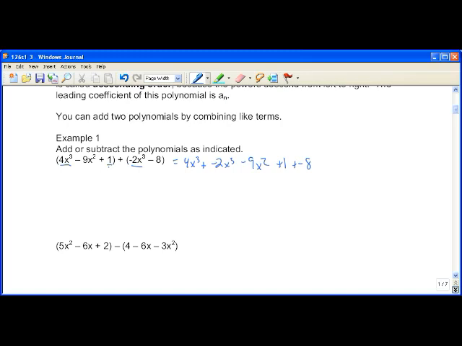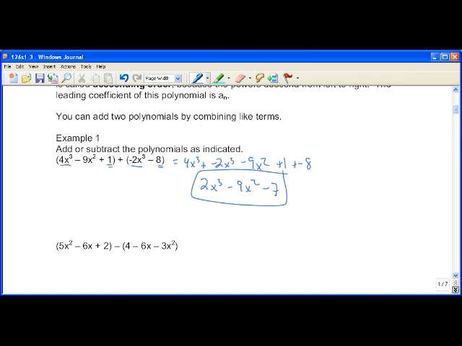So those are also like terms. So 4x cubed plus negative 2x cubed is 2x cubed, minus 9x squared, minus 7. It's combining like terms. There are no other x squared terms, so that one didn't change.